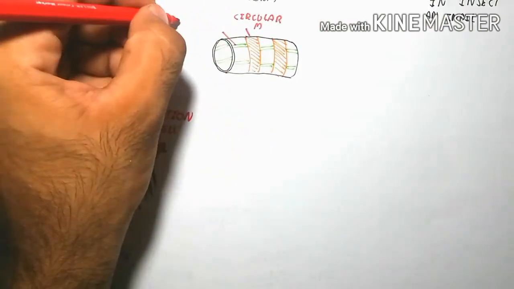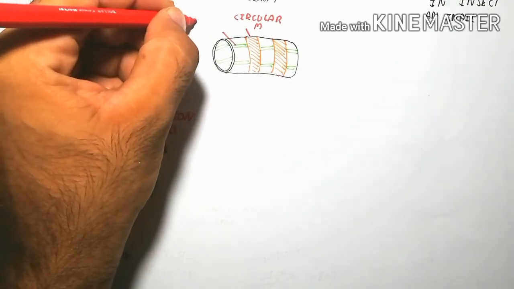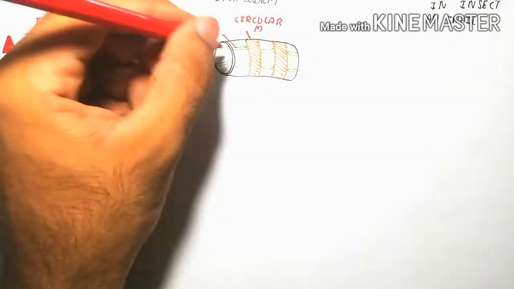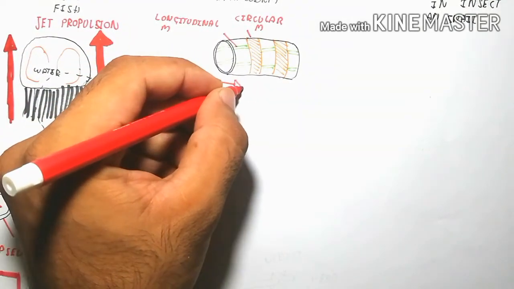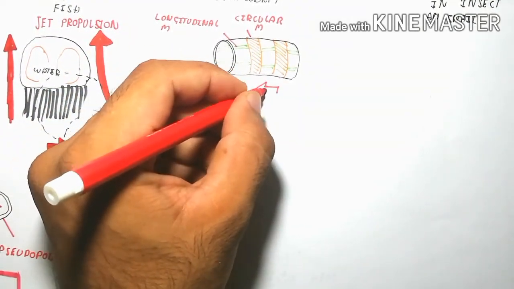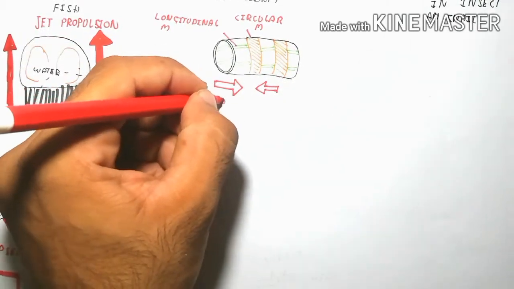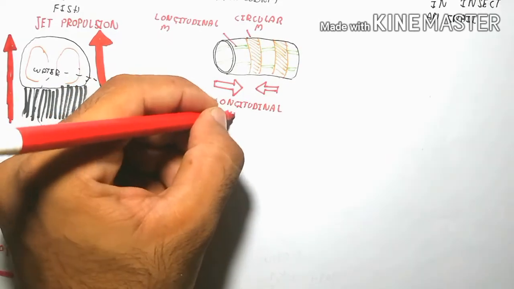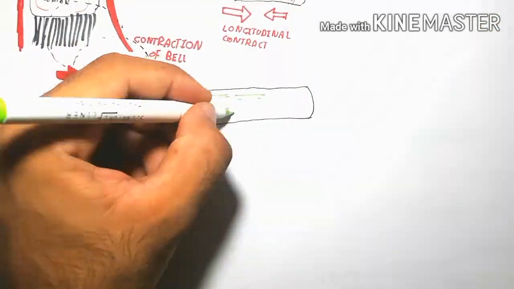Now we will discuss the earthworm, which contains muscles. Two types of muscle: longitudinal muscle and circular muscle. Circular muscle is wrapped around the whole body, and longitudinal muscle runs line-wise. You can see here the green color and the orange color, that is the circular muscle.